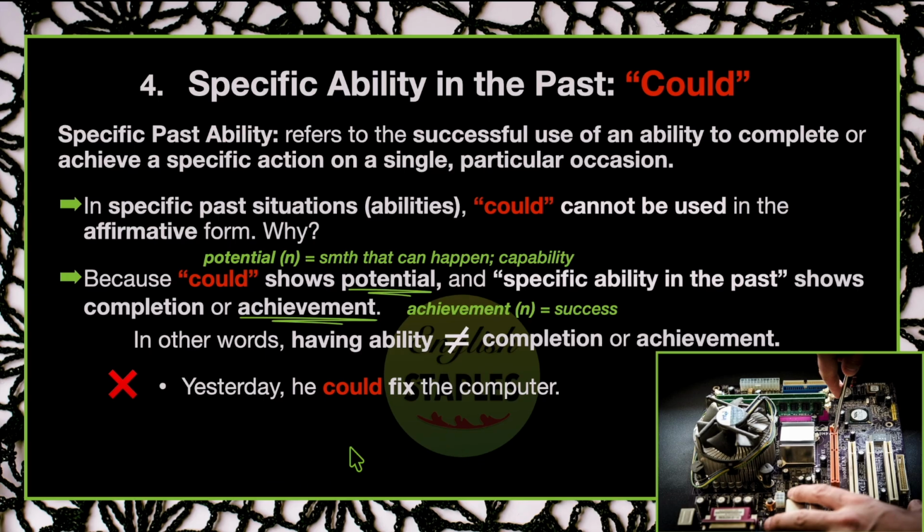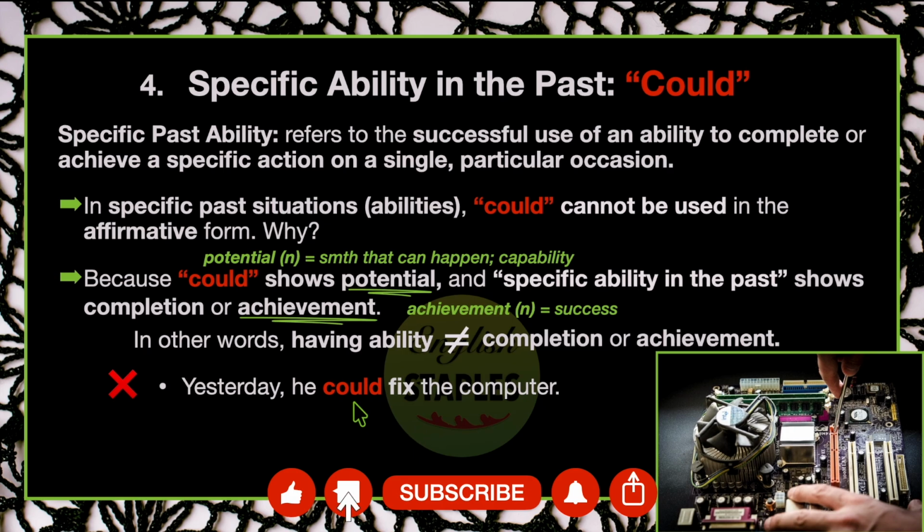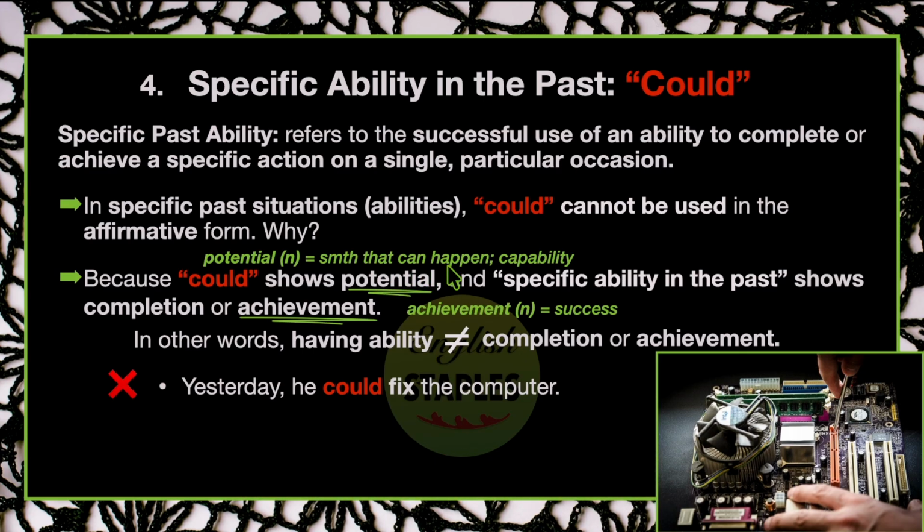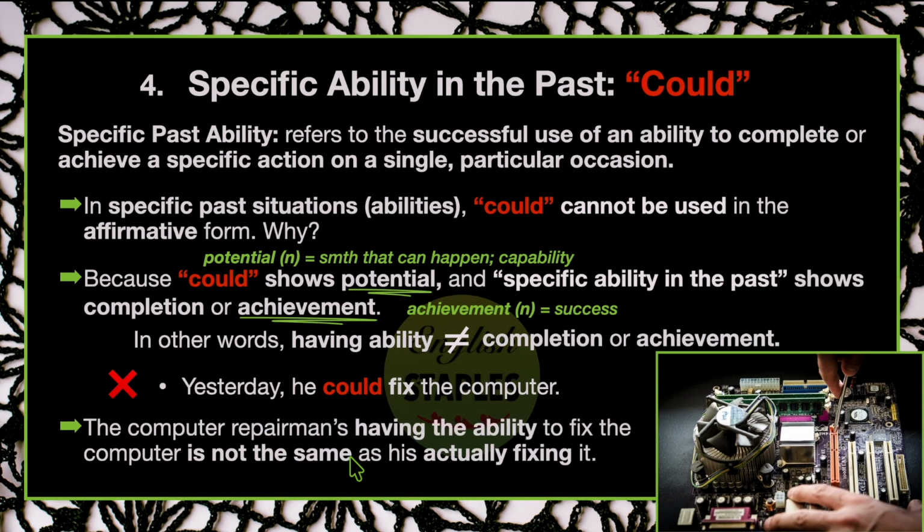No, we cannot say that because here, this is an affirmative sentence, right? But could is showing potential. It shows that something could happen or there was capability, but the job was not completed. So we cannot say yesterday he could fix the computer. The computer repairman's having the ability to fix the computer is not the same as his actually fixing it. That's what this sentence is saying.